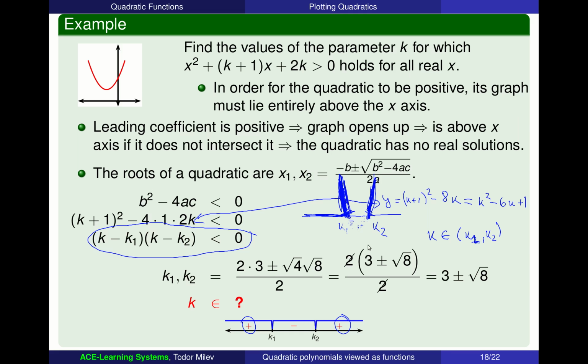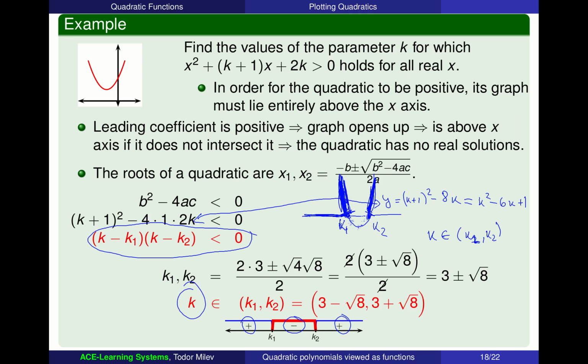Oops. So between k1 and k2, I'm having a negative value of the quadratic function. So I get that my final answer is that the parameter k must be between 3 minus radical of 8 and 3 plus radical of 8.